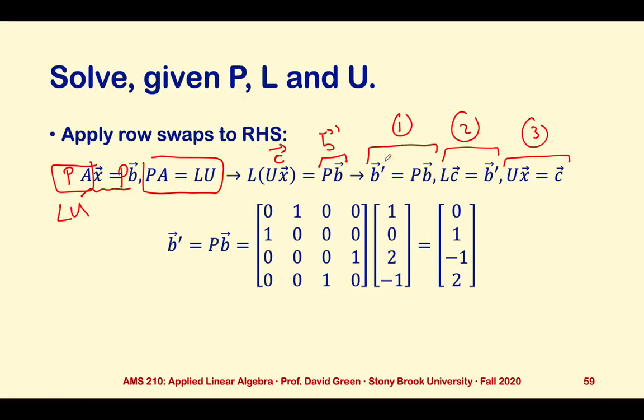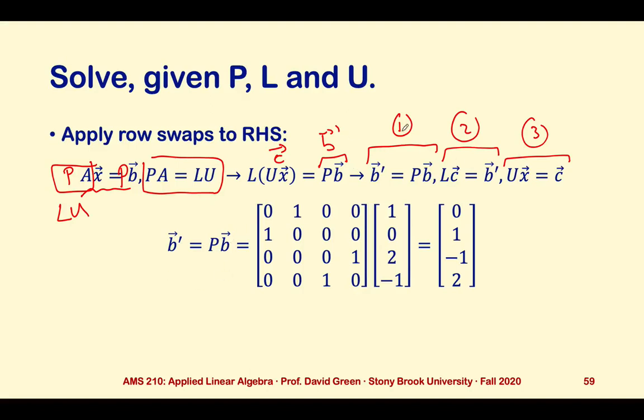First of all, find b prime using our permutation matrix, solve for c using b prime, then solve for x using c. It might look like this is more complicated because we're requiring 3 steps instead of just one step of Gaussian elimination, but each one of these steps is an easier problem, a much easier problem.